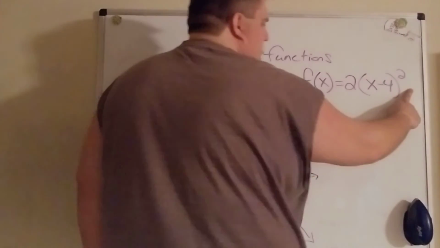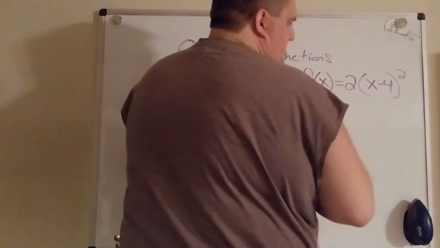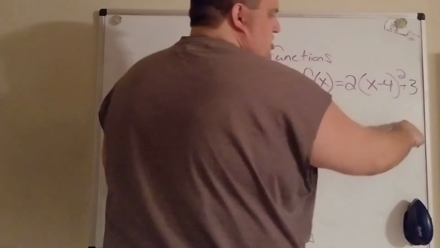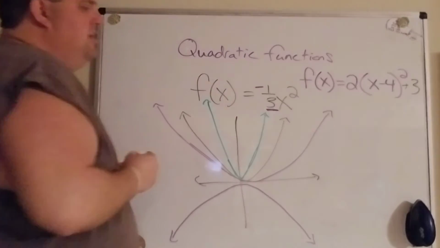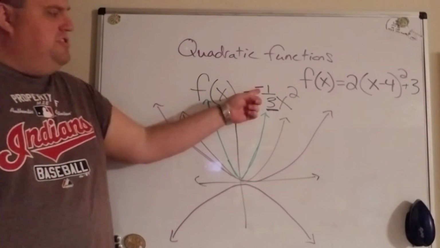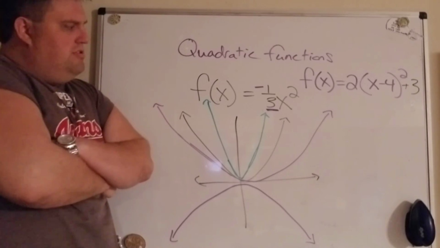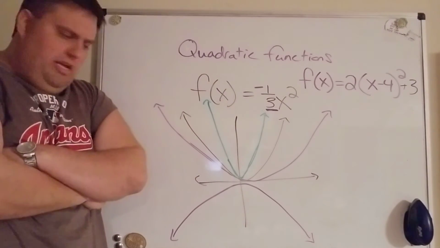We have some vertical shifts, if I threw in a +2 here, +3. We have some horizontal shifts. We have reflections over the x-axis with the negative. We talked about increasing and decreasing. That's pretty good.